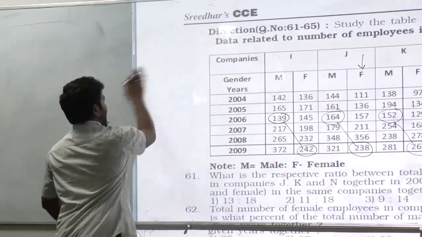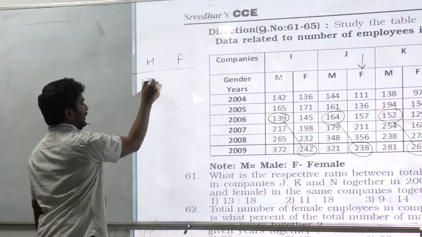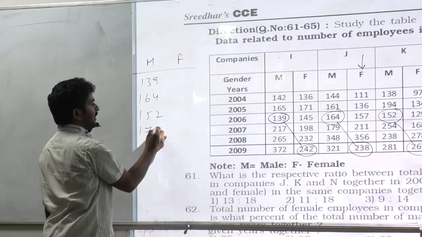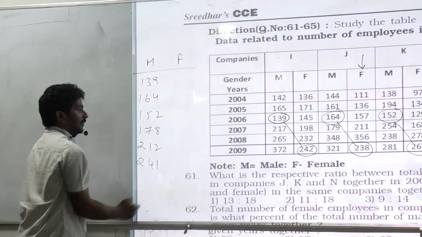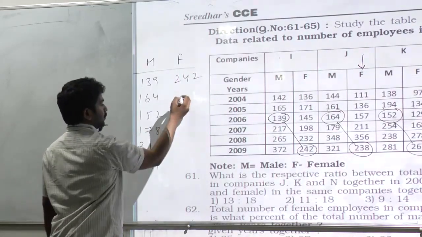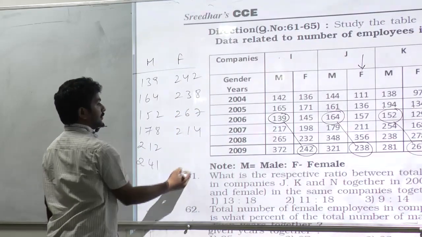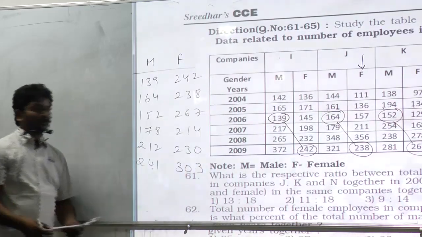Otherwise, write male and then female here. 139, 164, 152, 178, 212, 241, 242, 238, 214, 230, 303.